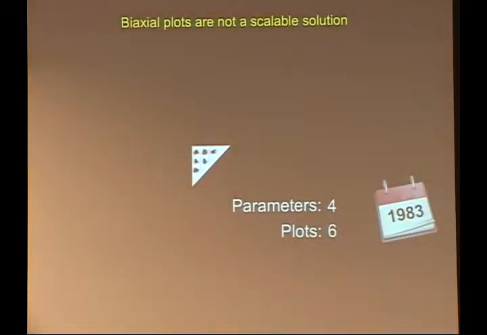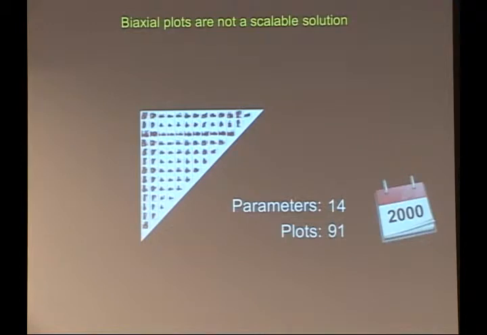The other incentive is that there's just a lot of parameters in CyTOF data. So with a 4-parameter flow cytometer like a caliber, you could look at all of the pairwise relationships in your data using just 6 biaxial plots. And as time went on, cytometers got more advanced, and you need more pairs of plots, or more sets of plots, to look at all of the relationships between your data.